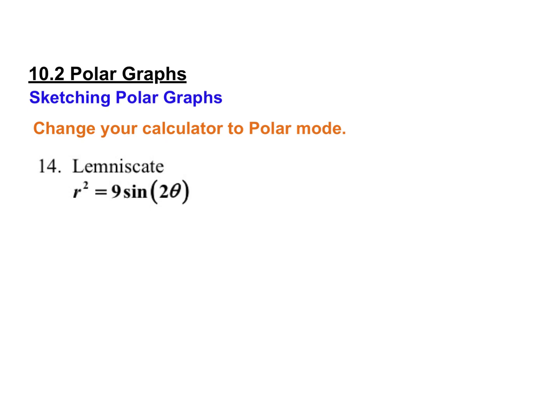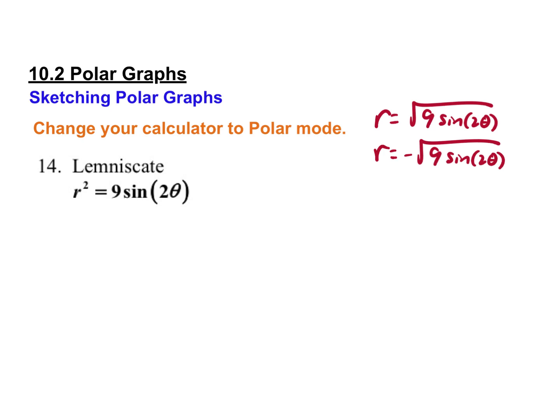So here's the issue, right? This is r squared. There's no r squared. So what are we going to do here? Yes and no. We have to have a plus or minus, which means I need how many equations? 2. I need one of them to be positive and one of them to be negative.